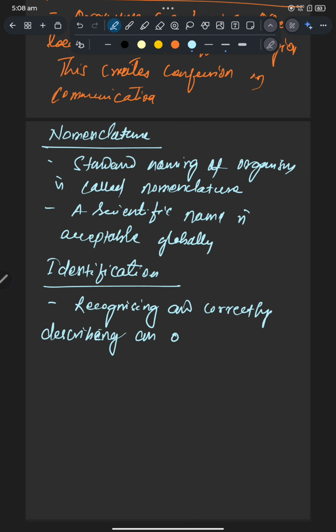Okay, so why am I saying correctly describing? See, you take a chimpanzee and a gorilla.